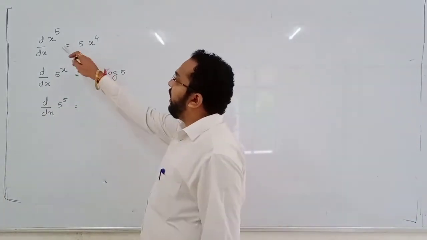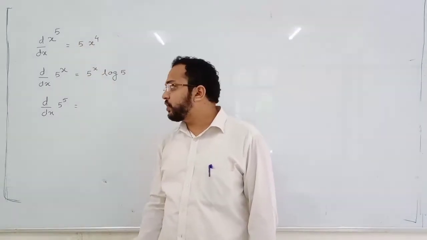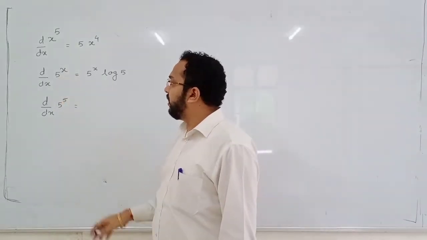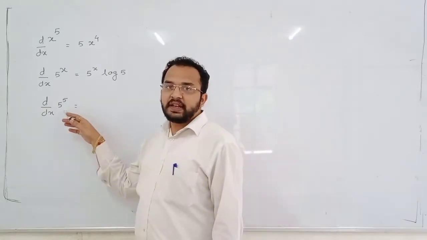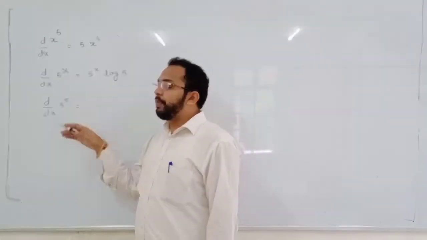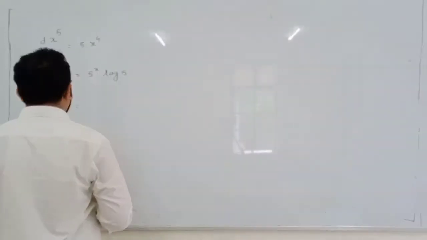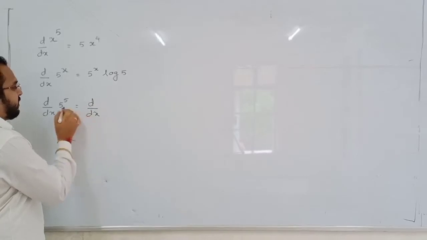So when it is variable to the power constant, it is called a polynomial function, and constant to the power variable is an exponential function. But here x is absent, constant to the power constant, it will be a new constant.